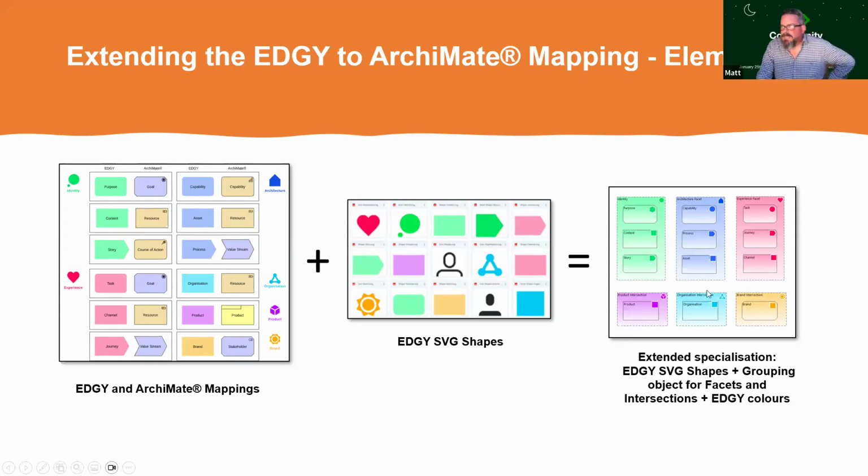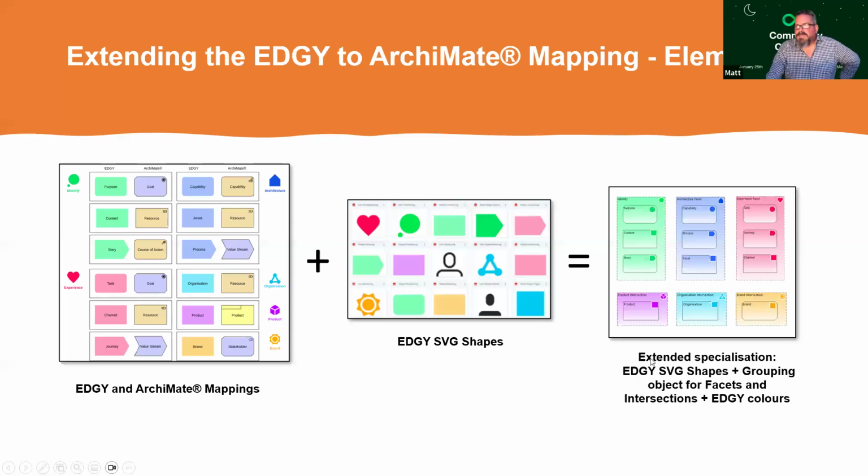What I then did, you can see, is that I put in the colors. So from the Miro EDGY template, I believe, the actual colors are there, so you can use the actual EDGY colors as well. So it starts to look a little bit more like EDGY. The tonal difference is just something that I like.